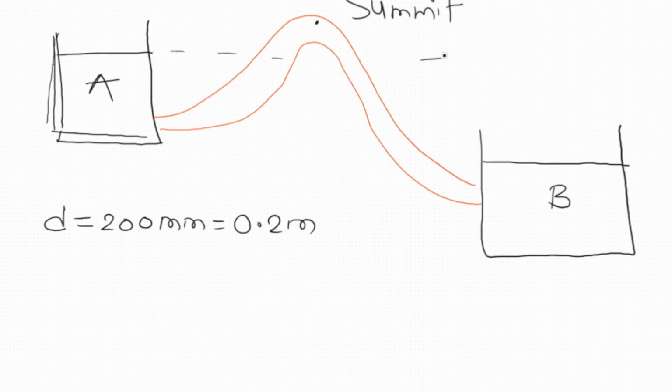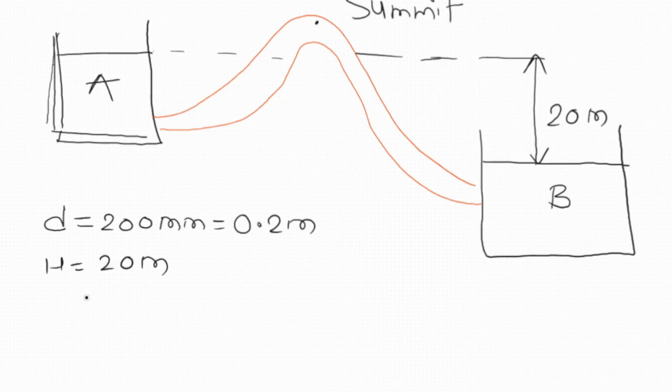If this is the level of reservoir A and this distance is given, that distance is 20 meters. Let's denote it by capital H, so 20 meters. The length of the siphon is given, so capital L can be said to be 500 meters.